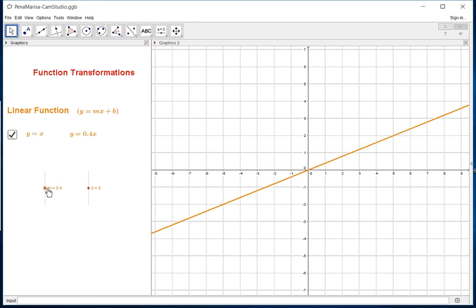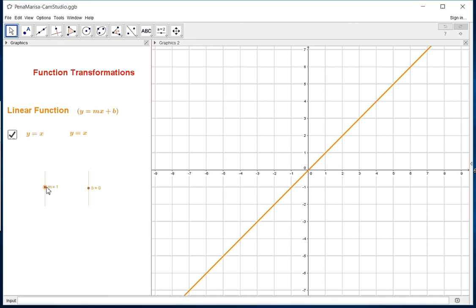And the larger our number gets, whether it's in the positive direction or in the negative direction, our line is becoming steeper the larger the number gets. The smaller it gets, the less steep it becomes until it is 0, approaches the constant, and changes directions.